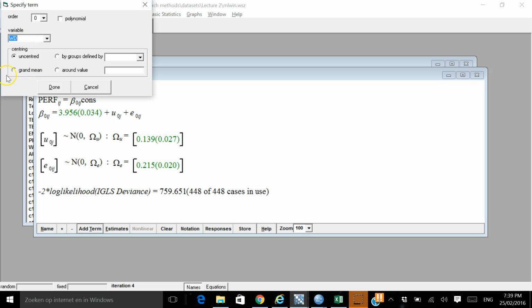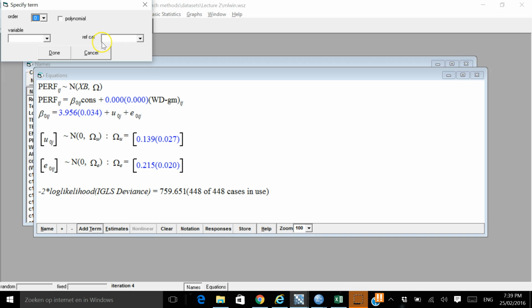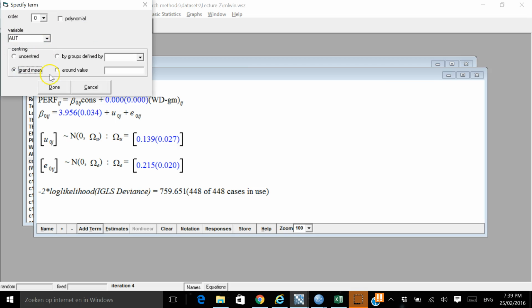Now let's first focus on grand mean centering. Grand mean centering means that you want to center your variables to a mean of 0 for the whole sample. And autonomy, the second variable on the lowest level, grand mean centering again.